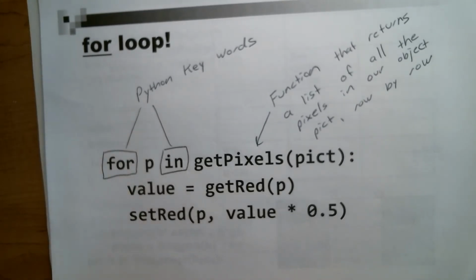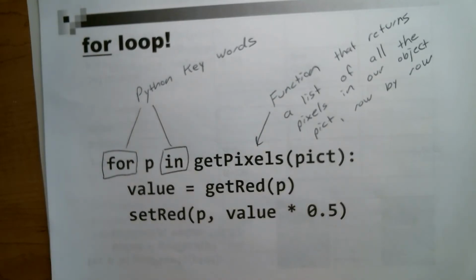So all 49,000 whatever pixels, it just puts in a list, and it creates that list by going across the row and then down, and then across the row and then down. So it goes over and then down a row, over and then down a row. It doesn't go down the column and then over to the next one.